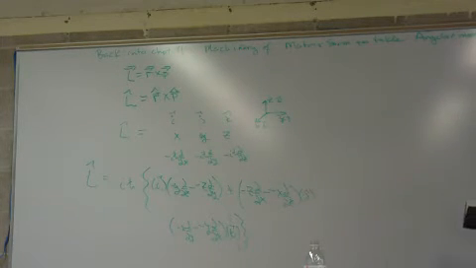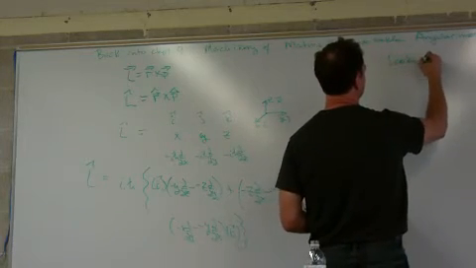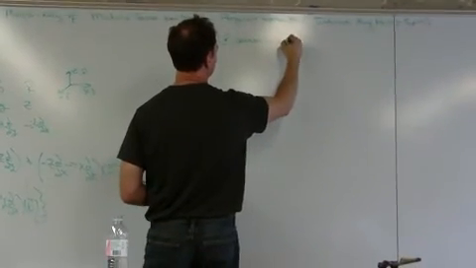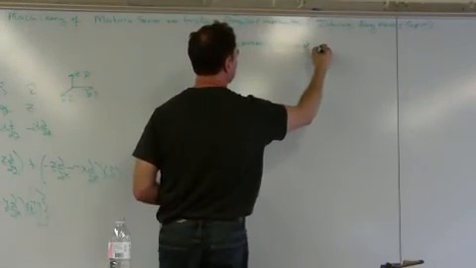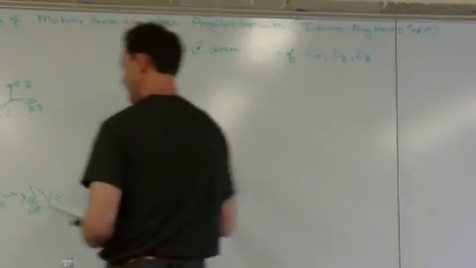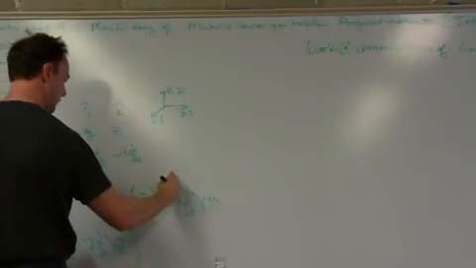Here's what we're going to do next: look at the commutation of Lx, Ly, and Lz. Let's call this Lx, this is Ly, and this is Lz.